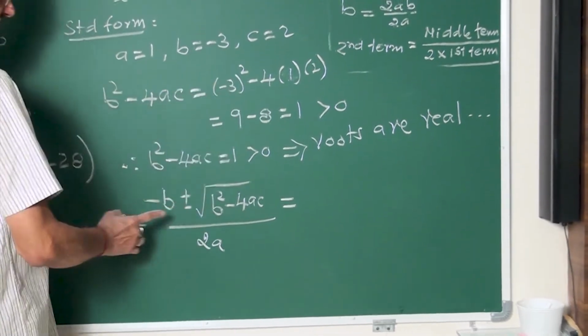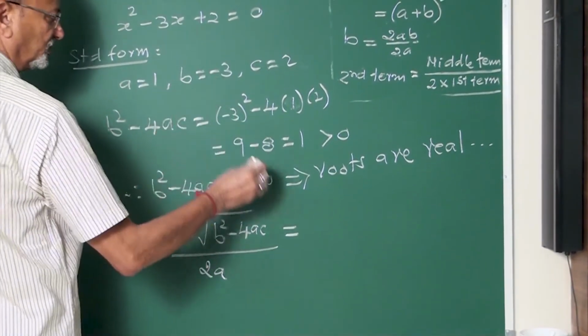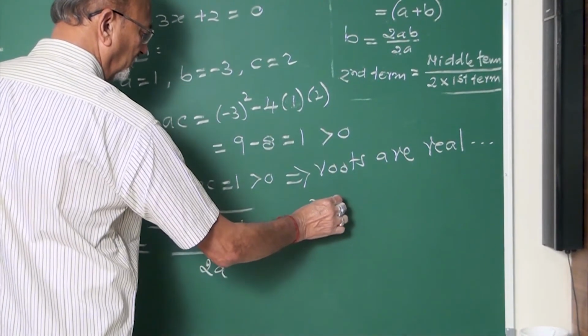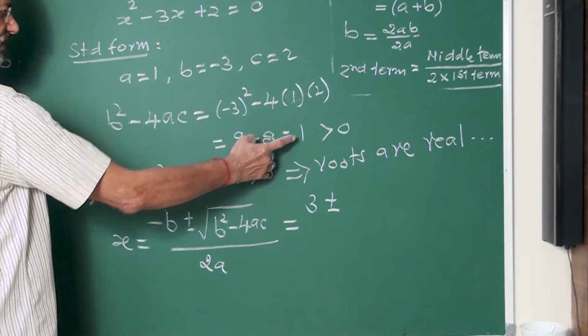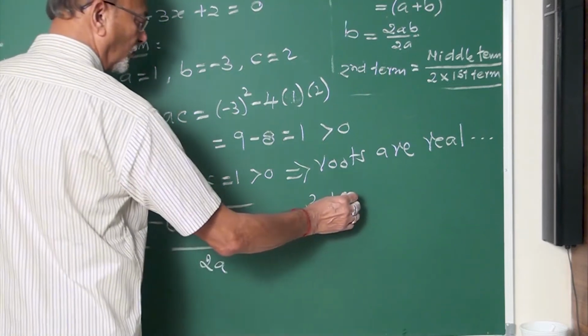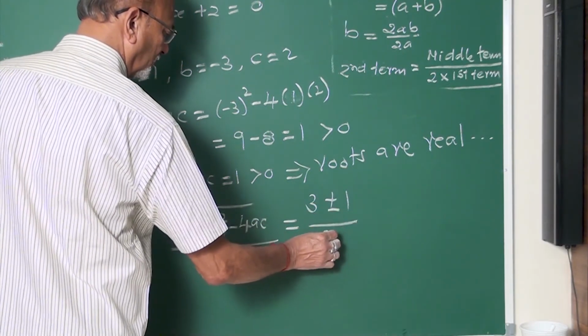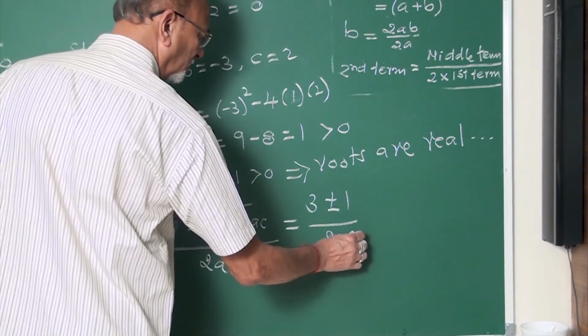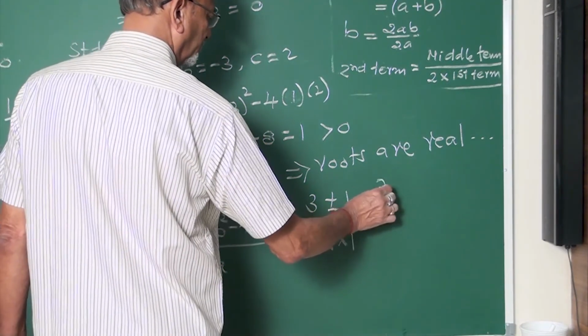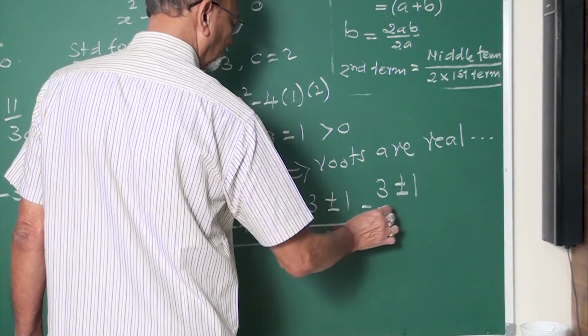Minus 3, minus with minus is plus 3, plus minus square root of b square minus 4ac is 1, square root of 1 is 1, down is 2a, a is 1. So what is this, my friend? It is 3 plus minus 1 upon 2.